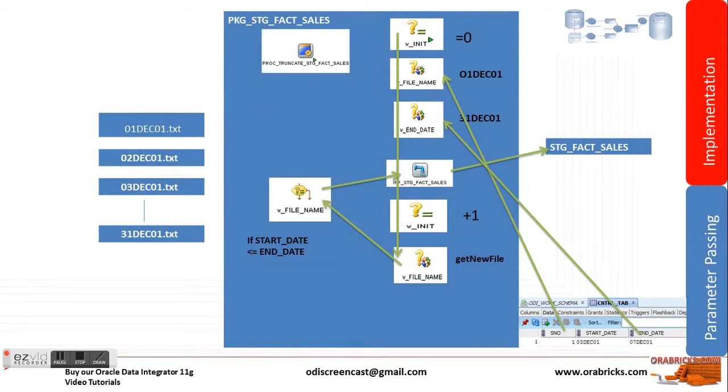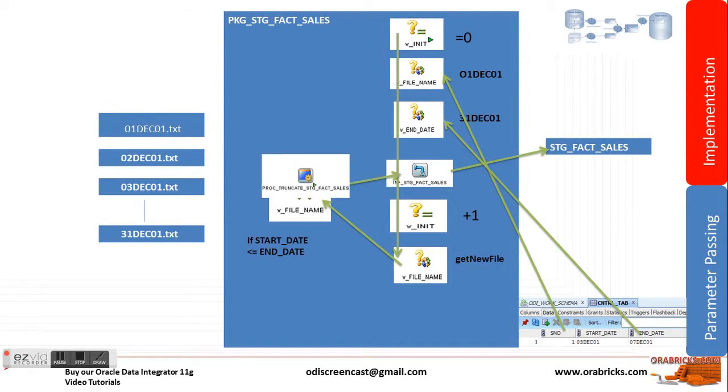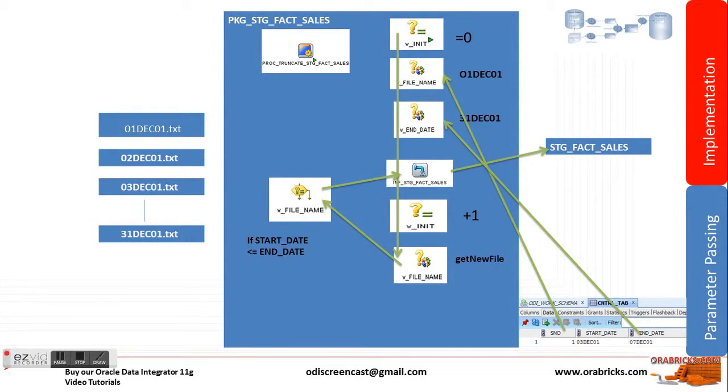Okay. So in this session we have understood how parameter passing in a package will work in ODI. Let's continue with some extra stuff here. I will write a procedure in ODI to truncate my stage fact sales table.